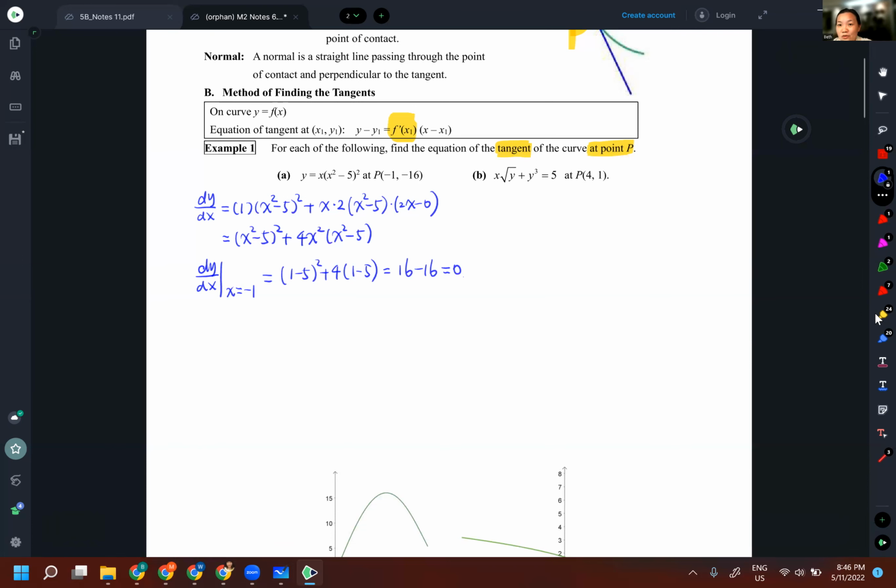Because when the slope equals 0, that means the line is horizontal. Therefore, the equation of the tangent at P(-1, -16) is y equals -16.